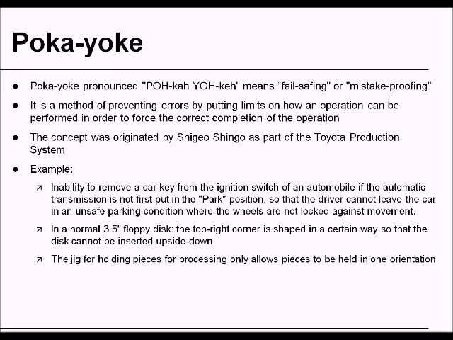Originally this came from Shigeo Shingo as part of the Toyota production system. Just some examples: you can't remove a car key from the ignition switch if the transmission's not put in park.